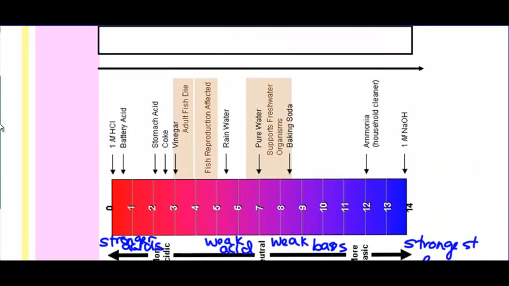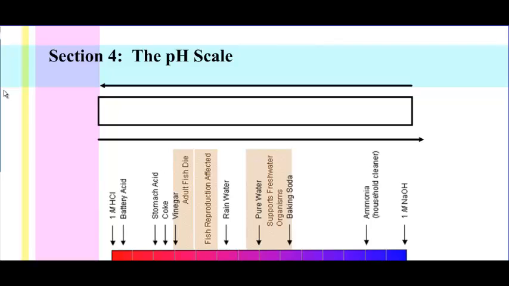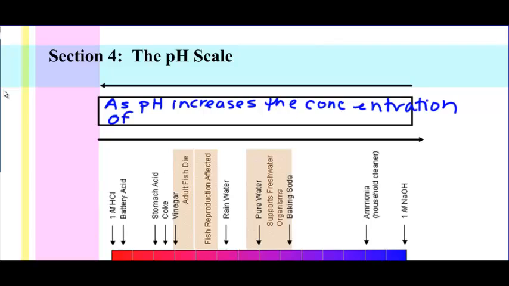So what you need to know, and what should go in this box on the side of your paper, is that as pH increases, the concentration of hydrogen ions decreases.